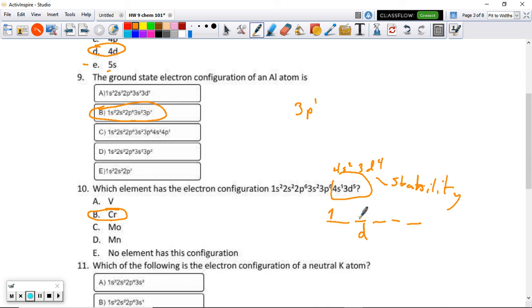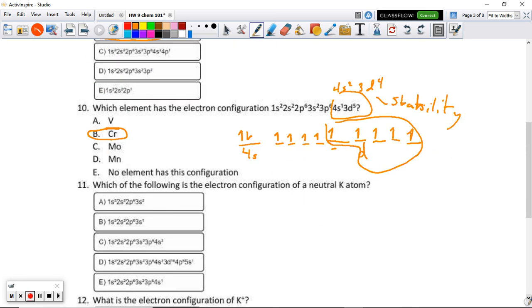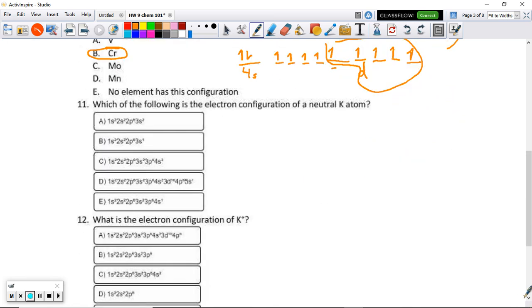So it's more stable to have 5 half-filled orbitals than it is to have the 4s, and let's just say that we had 2 in that one, and then in our d that we had an up and up and up and an up, with this blank being completely empty. So this is a more preferred version. That's why it does that. You don't need to know that information so much as to know that chromium was our right answer.